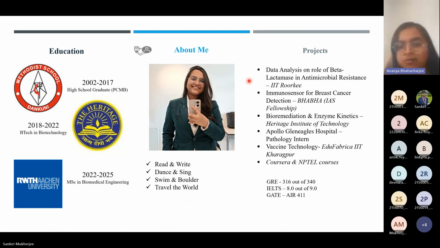Then I would also recommend all of you to apply for the IAS fellowship. That is the Indian Academy of Sciences in Bangalore. They provide a fellowship every year, and the form comes out around October, so it's almost here. You have to give them a research proposal in the application where you propose a novel research possibility in your own words, and you are selected based on mostly that.